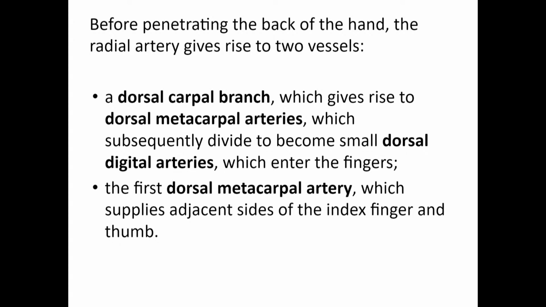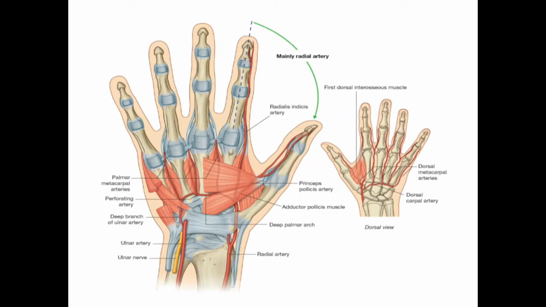And then they are dividing to become small digital arteries, and they are entering the fingers. And also we're having the first dorsal metacarpal artery, which is supplying mostly the index finger and the thumb. And to see this, we're having here. So as I already mentioned, this is our radial artery, right?